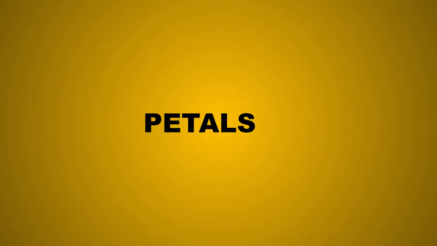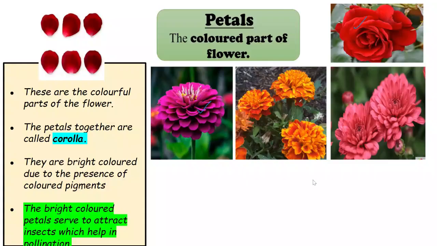Now the next part is petals, which is in the second whorl. Children, petals are the colored part of the flower. They are brightly colored due to the presence of colored pigment. And children, petals together are known as corolla.